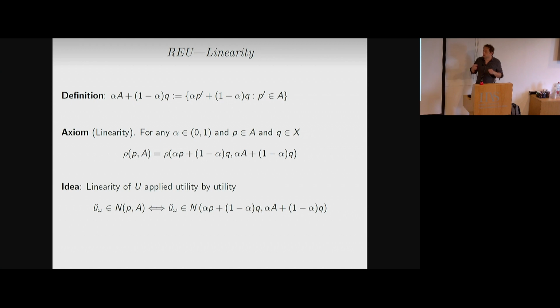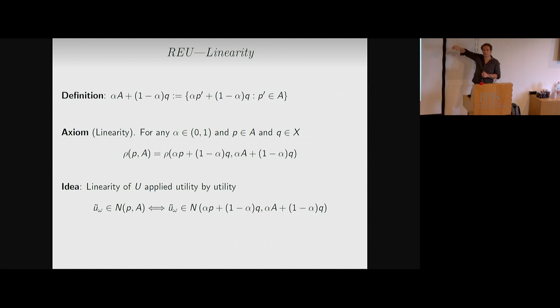I have choice from menus, so I need to develop a little bit of terminology for what it means to mix menus. I will mix menu A with lottery Q with a fixed proportion alpha. That new menu is just the menu of all mixtures between things in A and that fixed lottery Q. So lottery by lottery, I take a lottery out of the menu, I mix it with Q, put it aside, and I collect all of these things.